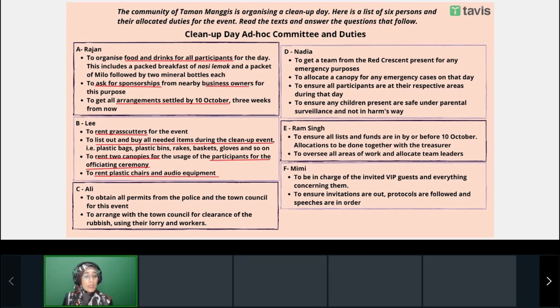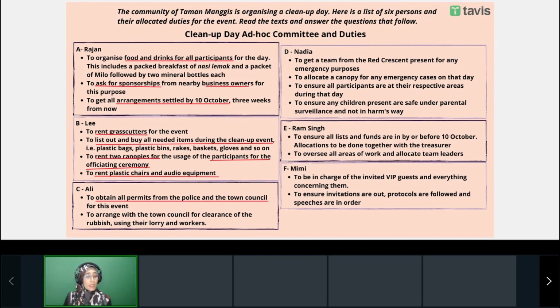Now let's see Ali. Ali is to obtain all permits. So now we can see that he is to get all permits. But from whom? From the police and the town council. So he is in charge to get all the permits from these two authorities, police and town council.